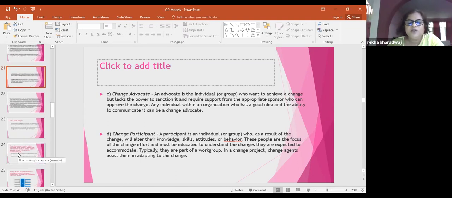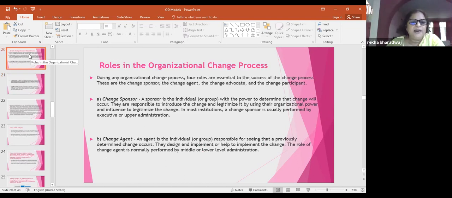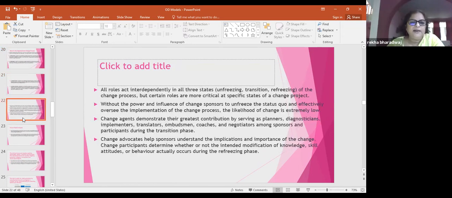So this is the kind of change we are talking about. So we see why these four key players are necessary for the change process to happen, right? And then all roles act interdependently in all the three stages: unfreezing, transition, refreezing of the change process.